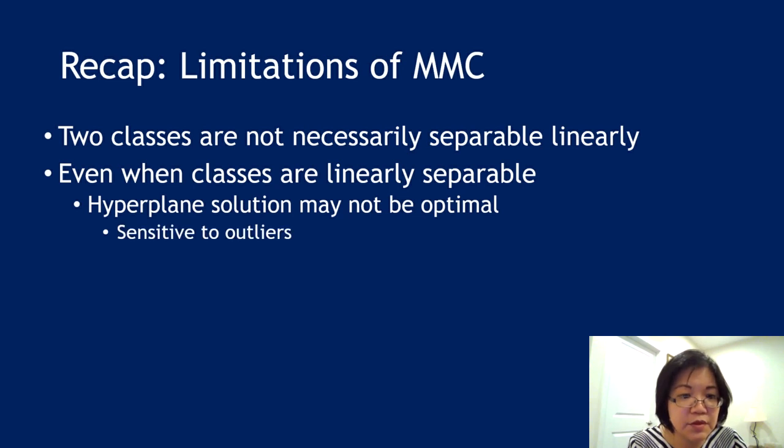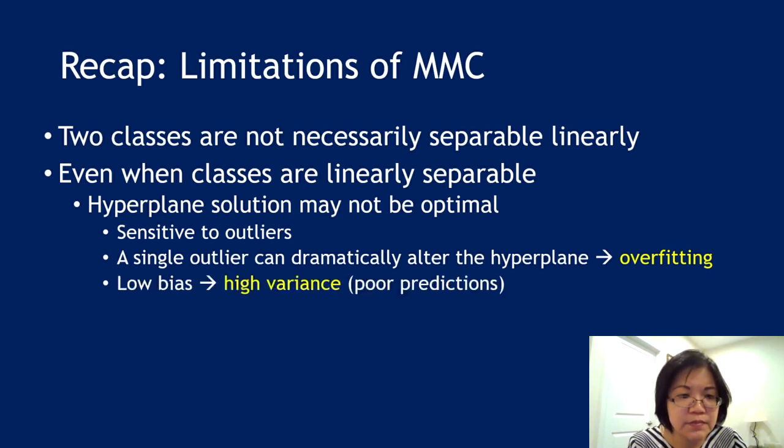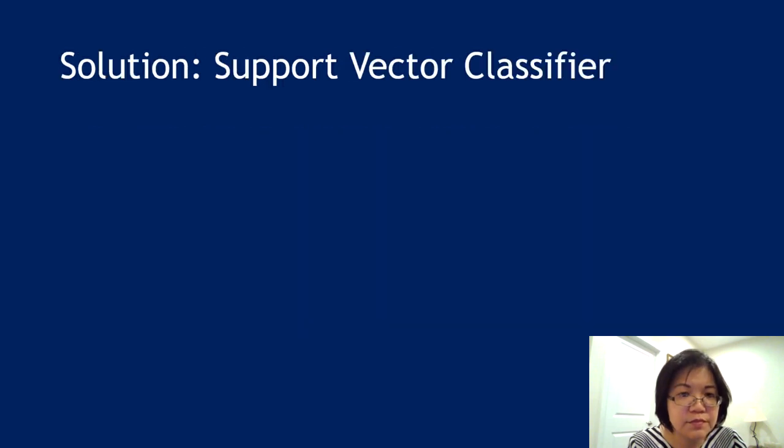It may be sensitive to outliers. A single outlier can dramatically alter the hyperplane, which leads to an overfitting problem that has low bias at the training stage, but high variance at the prediction stage. The model has tiny margins, which produces low confidence in the model.